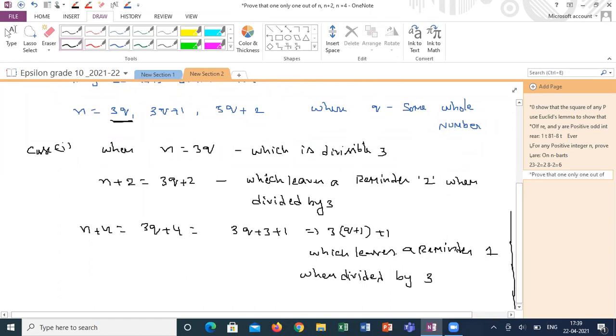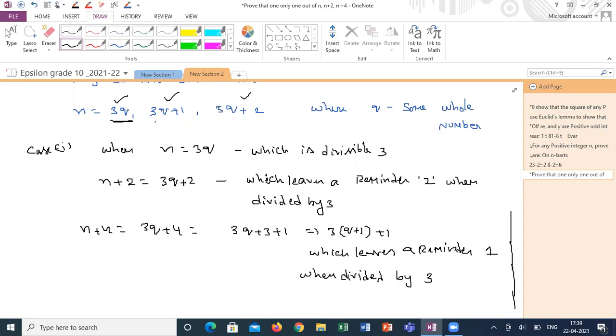So when n is equal to 3q, there are only 3 possibilities: either 3q, 3q plus 1, or 3q plus 2. In this case, n is divisible by 3 if it is in the form of 3q. And n plus 2, n plus 4 can't be divisible by 3 if n is 3q.